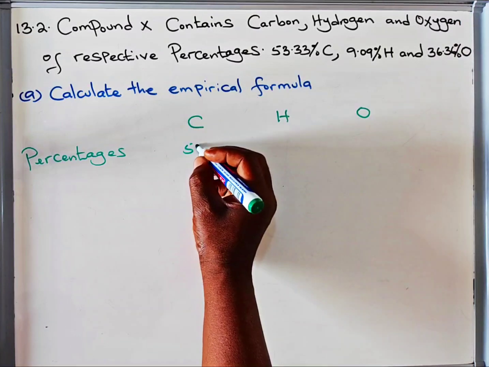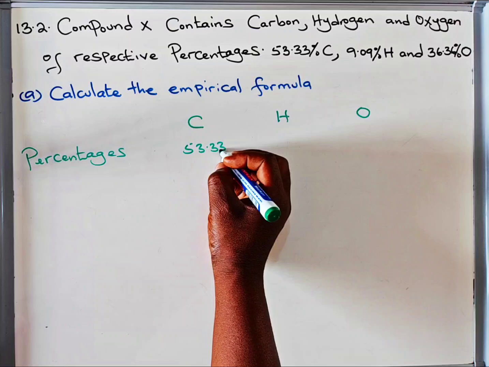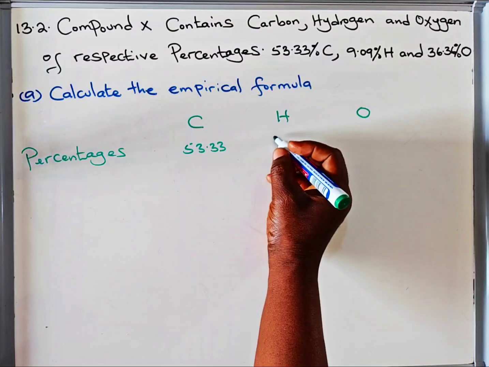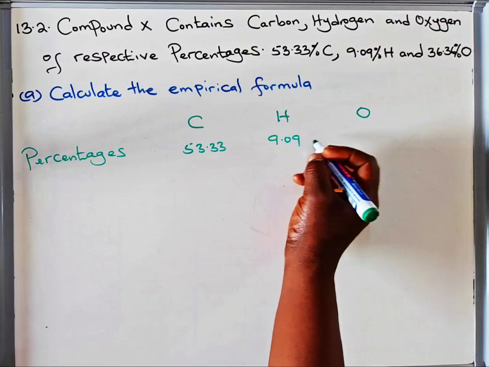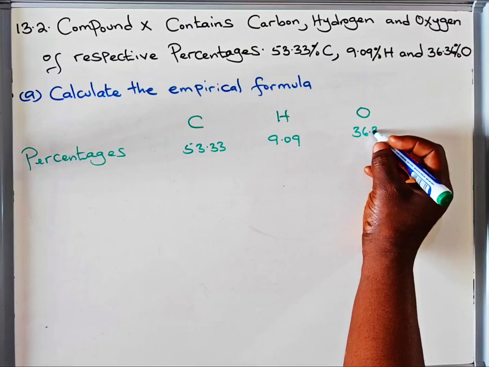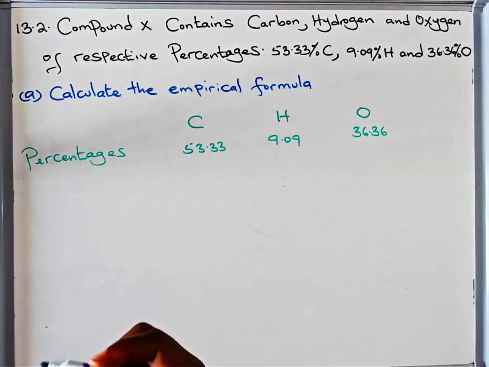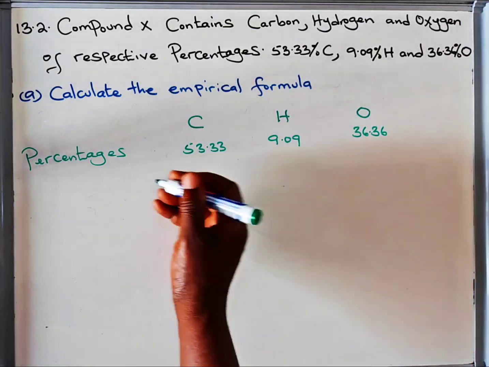It is 53.33. What's the percentage of hydrogen? It is 9.09. And oxygen, it is 36.36. So those are the percentages. What is the next part?